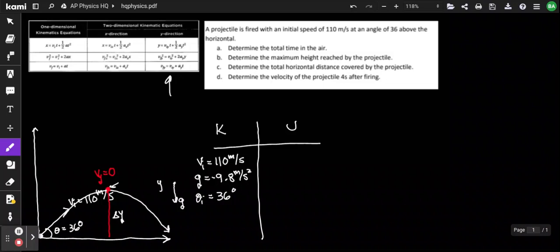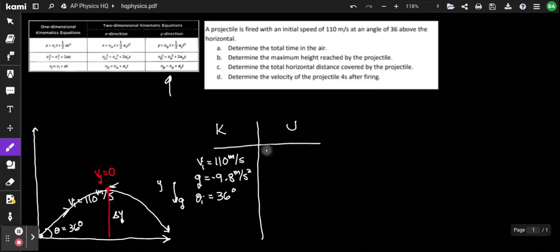That could work since we have all the information except for displacement. And lastly, we have v final is equal to v initial plus acceleration times time. That one also has time, which we don't know. So it looks like the middle equation is what we're going to use.